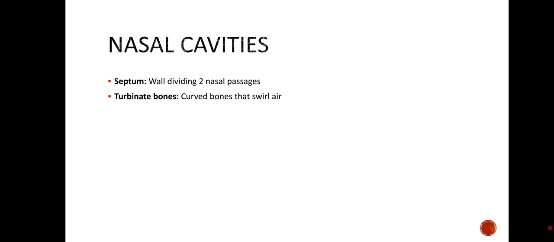A septum is a wall dividing the two nasal passages, right? Then after that we have turbinate bones. They are curved bones that slow down air, if you understand that.